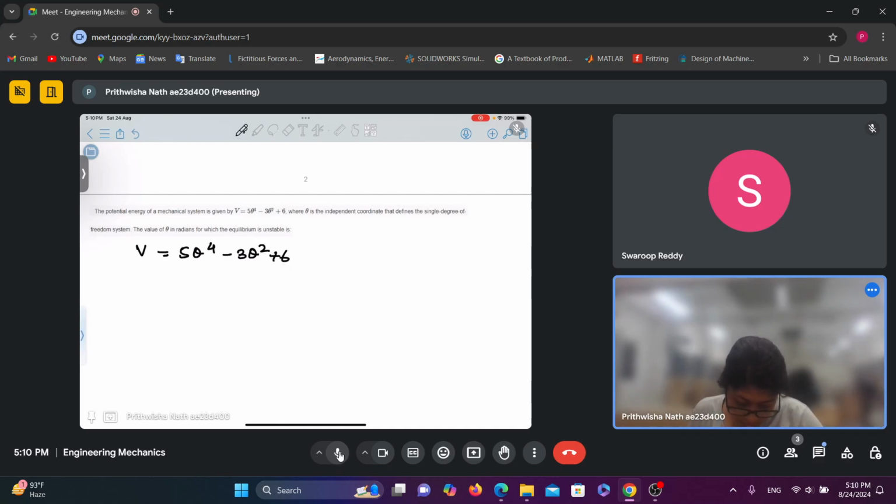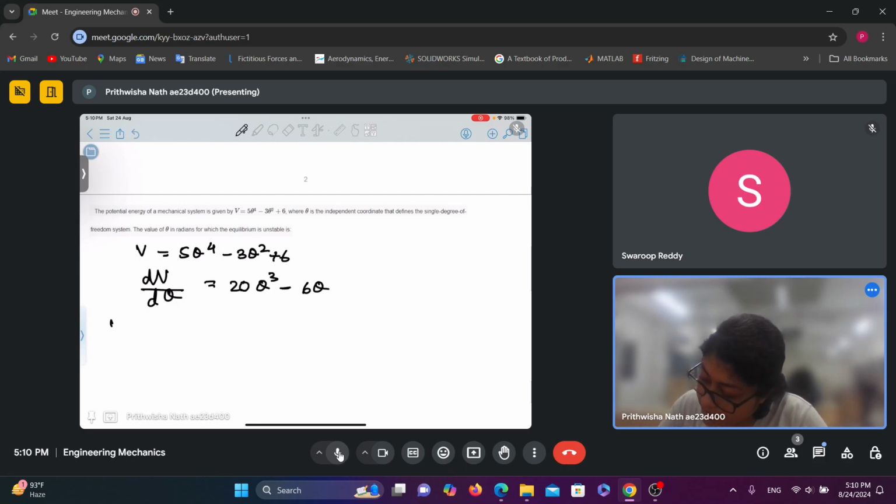Yeah. So dV by d theta is 20 theta cube minus 6 theta.